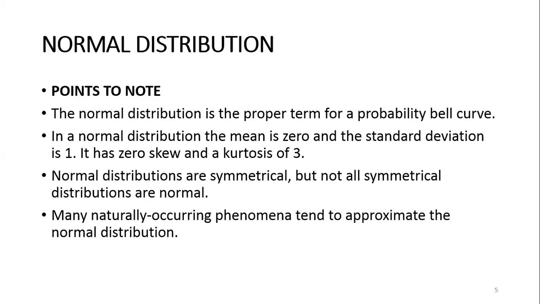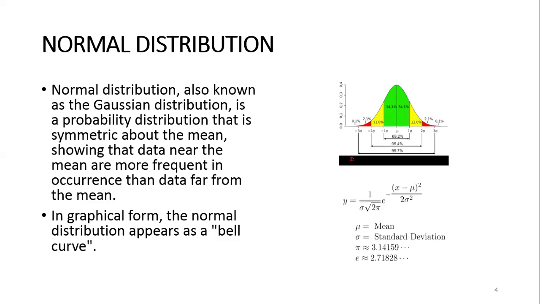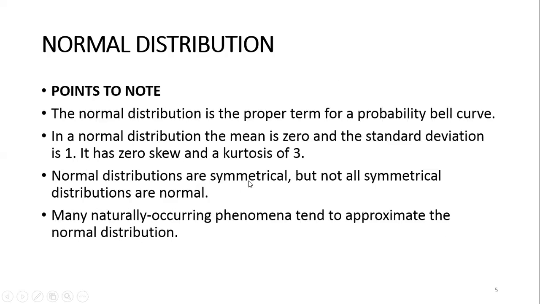It's not just the symmetry that makes it normal. For example, we have already seen that in a normal distribution, the mean, median, and mode lie at the center, and they are the same. That may not be true for all symmetrical distributions.